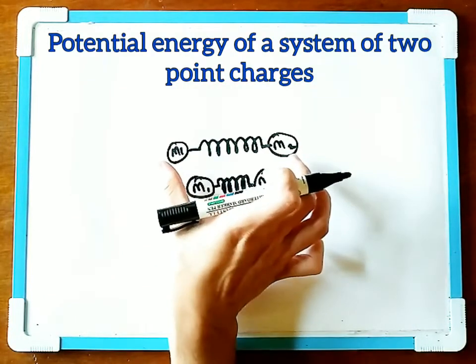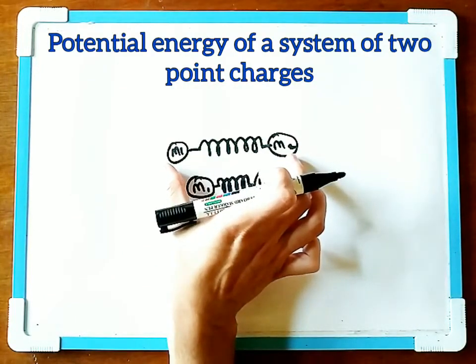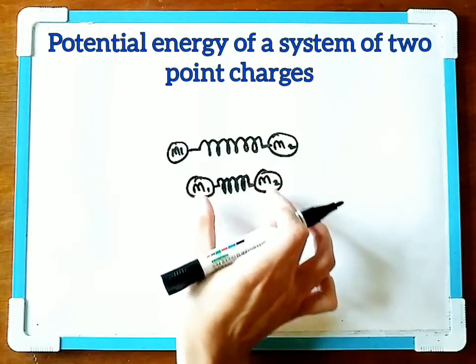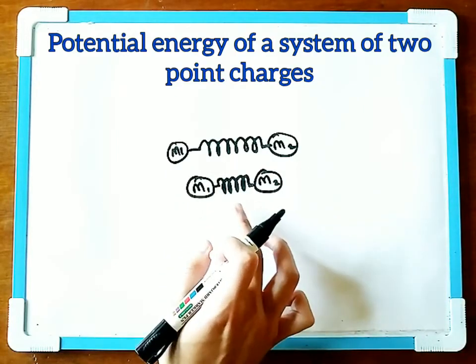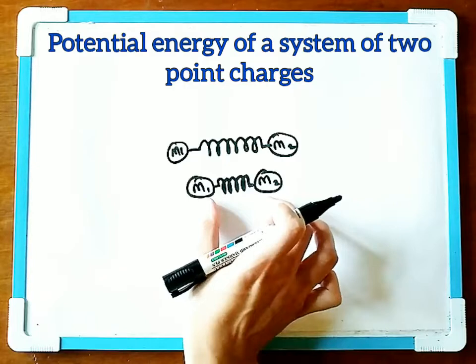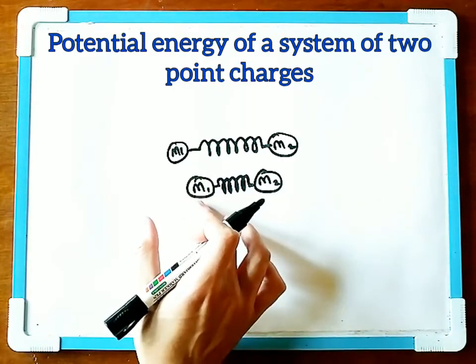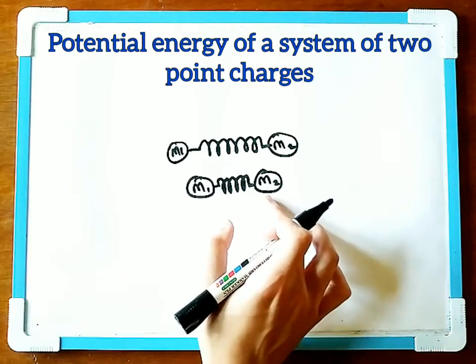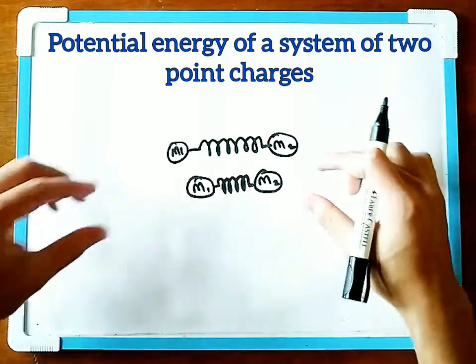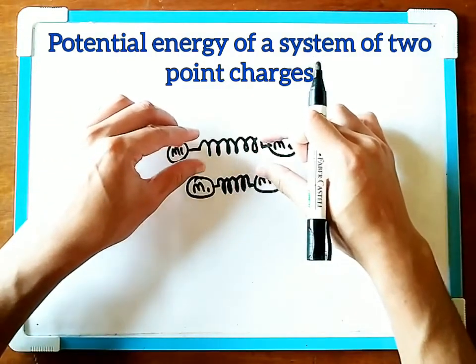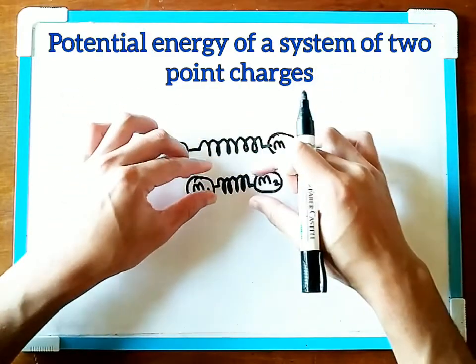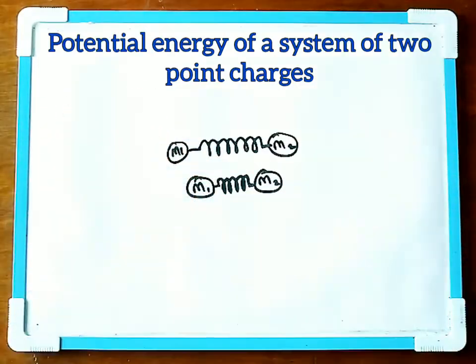So that if you release the two mass objects, then M1 will move in this direction and M2 will move in this direction. So if we compress it, there's a potential energy. If we release it, these two objects again will go back to their initial position.